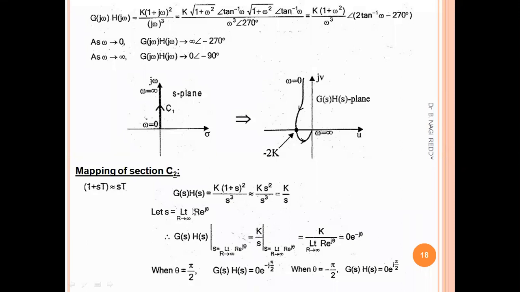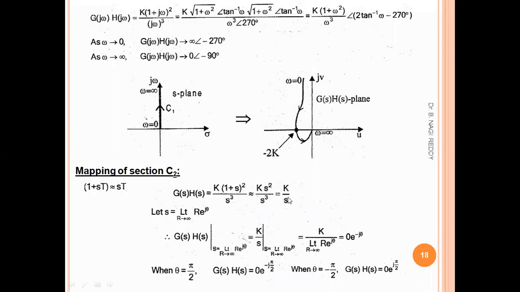That means if you substitute R in the place of s, this term will become 1 plus infinity. 1 plus infinity is nothing but infinity, right? So according to that, this 1 plus sT is approximated to sT. That's why here 1 plus s square is simply approximated to s square only. So the final expression will be k by s. The final G of s H of s will be k by s.